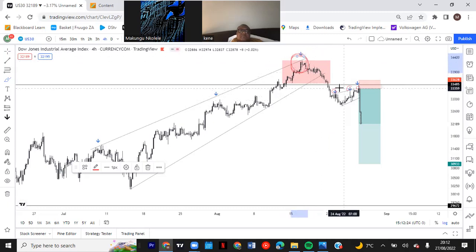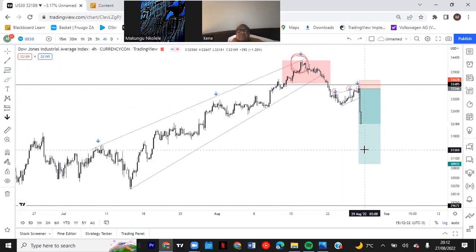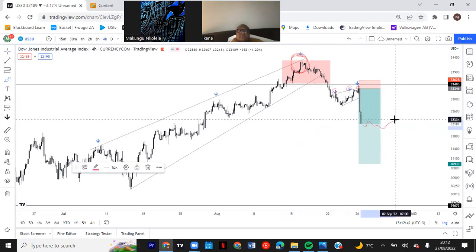But this correction right here was enough confirmation for you to enter a sell. If you did miss the sell, you're going to have to wait for the price to form another correction to get to this level right here.